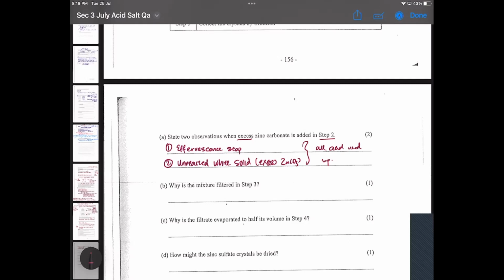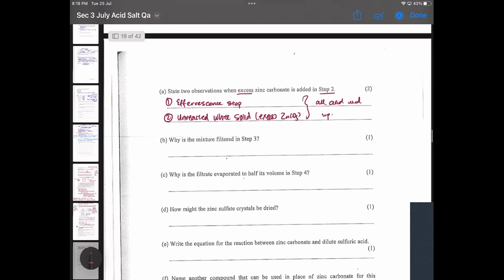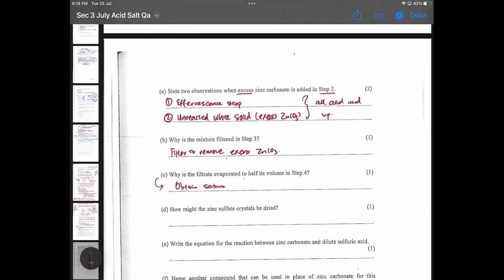Okay, so next we want to filter. This is the filtering in step 3. Step 3 is filter the mixture. This is to filter to remove the excess zinc carbonate. Okay, evaporated to half its volume. Purpose is to obtain saturated solution.